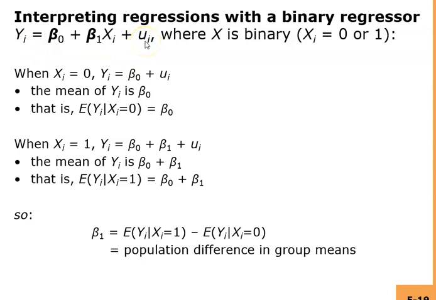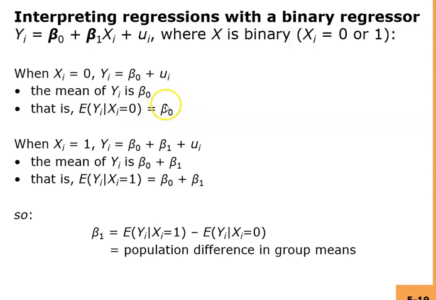And we already saw that the first assumption of OLS is that the expectation of u given any x is equal to 0. So utilizing that assumption, we can make the expectation of u given x equal to 0, which would mean that the expectation of y given x equals 0 just comes out to be beta naught.